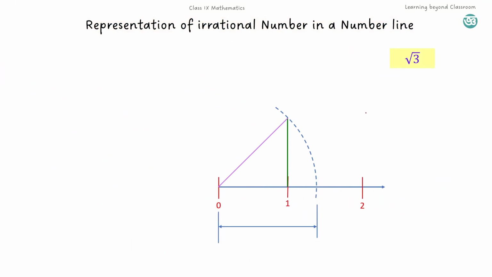Now let us represent root 3 in the number line. See, already we have shown how root 2 can be represented in a number line. So this is root 2, this is point A, this is point B, this is point C, and this is the point D. So this is equal to root 2 that we have done in the previous case itself.